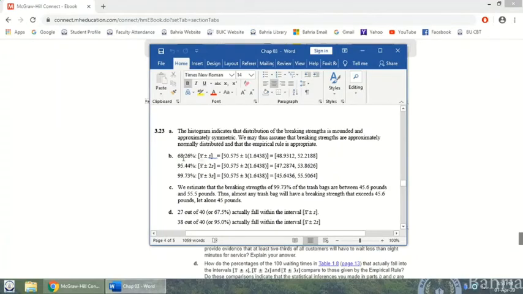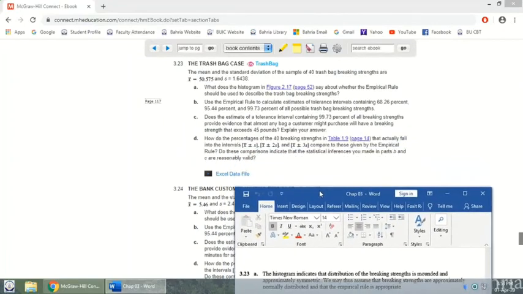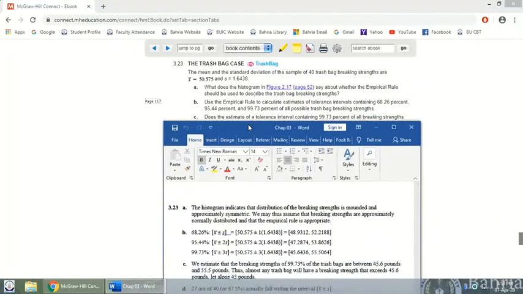You can also calculate the range of the values, but since we don't have the individual x values, you can simply see the symmetry lying within the mean range, and they are normally distributed, and the empirical rule is appropriate in this case because we can see that the standard deviation is very low. So we would assume that the k value would not be very high in this case.